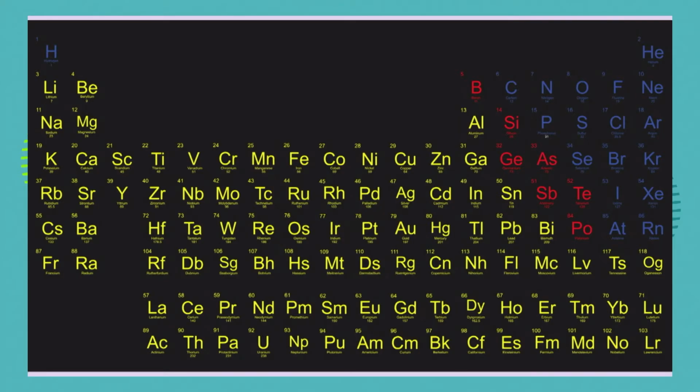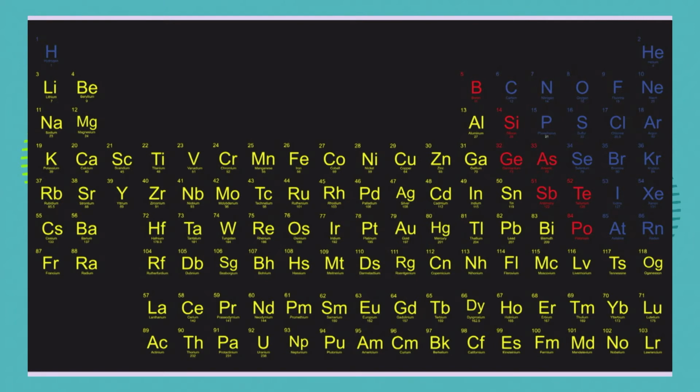So this is the periodic table that we're going to work with from now on in these lessons on metals, non-metals, and semi-metals. We see that we've divided the periodic table into 3 colors: yellow, red, and blue.